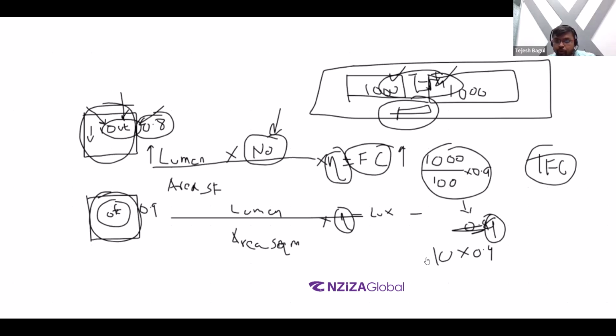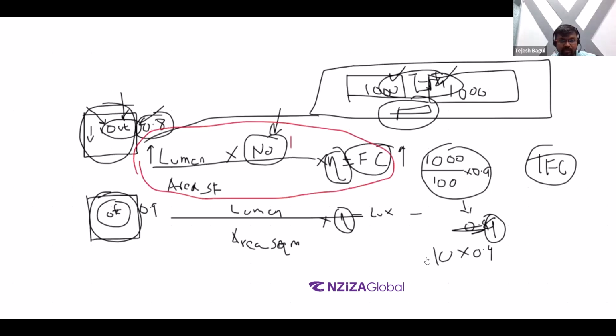Okay, there is a good point from Emmanuel. He mentioned, okay, this is fine and good that we have this formula for a given light fixture. If we want to increase it, do we increase the number of fixtures, or do we increase the lumen package as well?